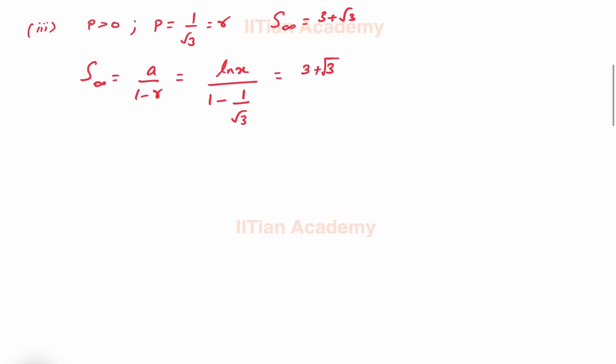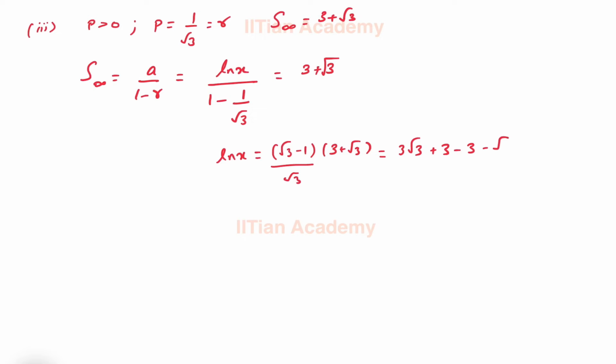Equating this to the sum given, that is 3 plus root 3, we have an equation to solve. This is natural log of x equals root 3 minus 1 divided by root 3 multiplied by 3 plus root 3. We can multiply this.